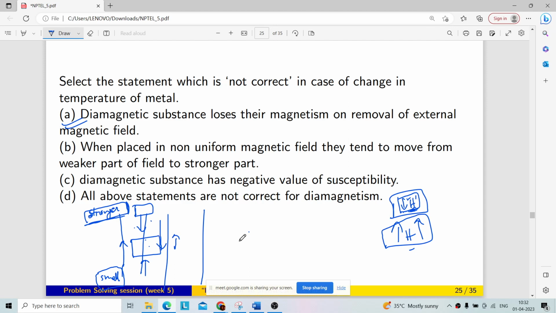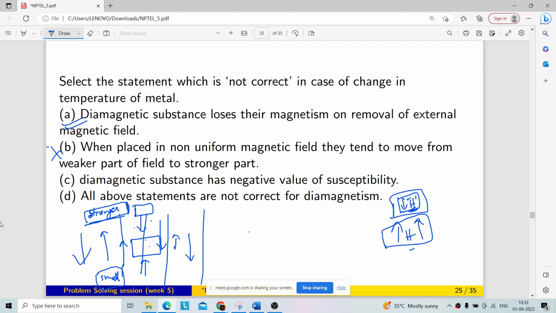So this diamagnetic material will eventually move to the weaker magnetic field side, right? So the statement says in a non-uniform magnetic field, they tend to move from weaker part of the field to stronger part of the field. So this is not true. It's moving from stronger to weaker side. So this is wrong.